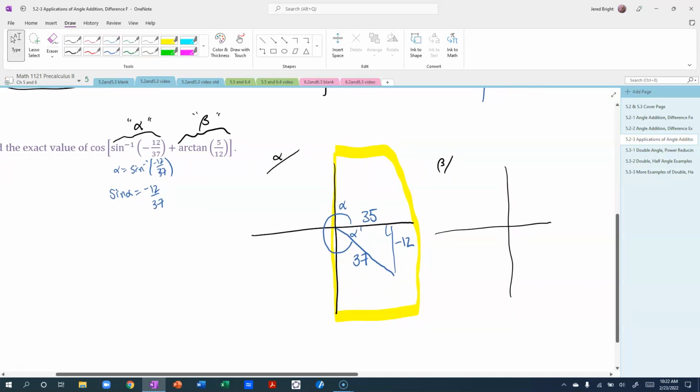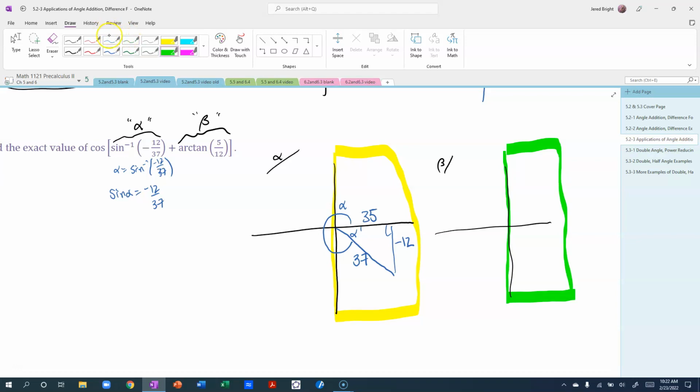Next one, arctangent, and again, the restriction is still quadrants 1 and 4. Following the same logic as before, beta is equal to arctangent of 5 over 12, meaning that tangent of beta is equal to 5 over 12.